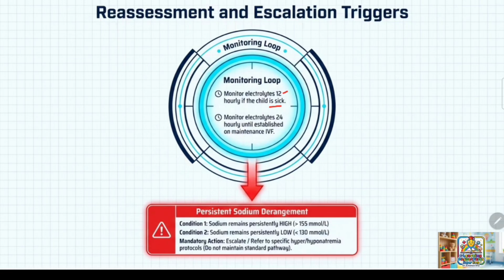And if there are persistent dangerous sodium levels, like sodium remaining persistently high, more than 155 millimole per liter, the hypernatremic range, or sodium remaining persistently low, below 130 millimole per liter, the hyponatremic range, then you should investigate and refer to the specific fluid management protocol for hyper- or hyponatremia. We are not using the standard pathway for these patients.